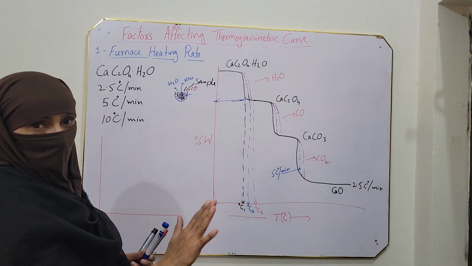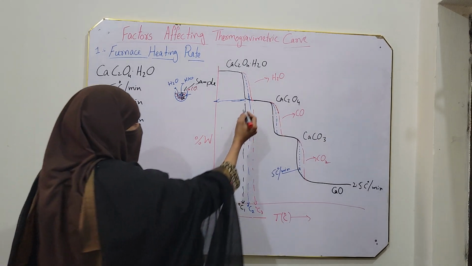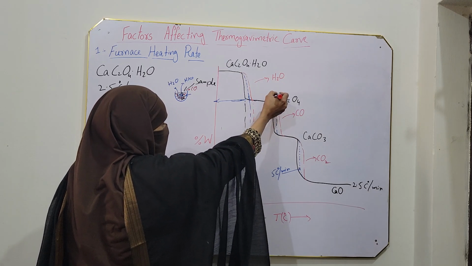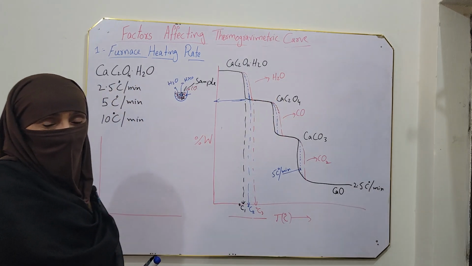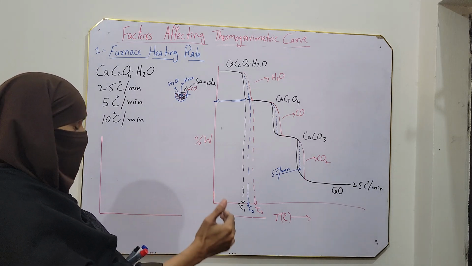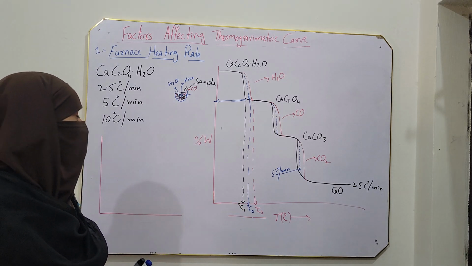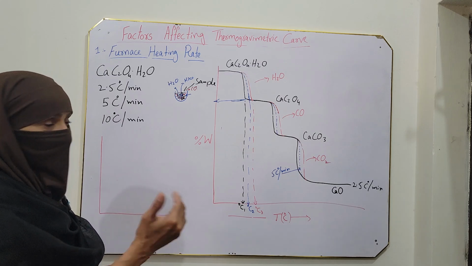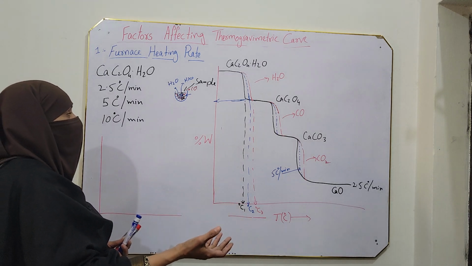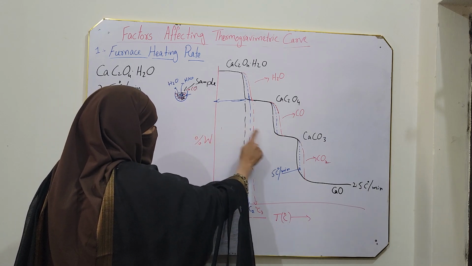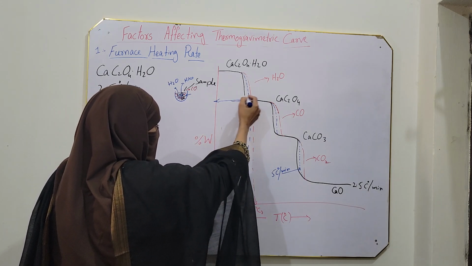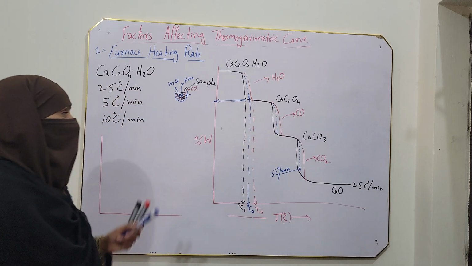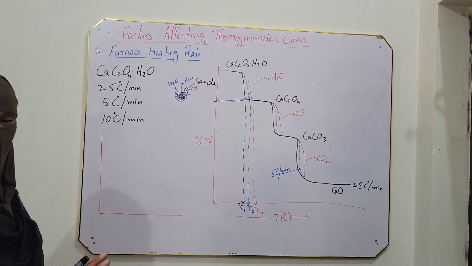The y-axis is not affected, because it would be affected only if the curve shifted slightly below or above. If we change the heating rate of the furnace, percent weight loss remains the same. The sample is decomposed in the same manner and the same components are evolved.